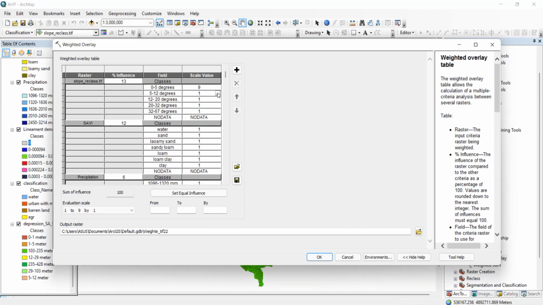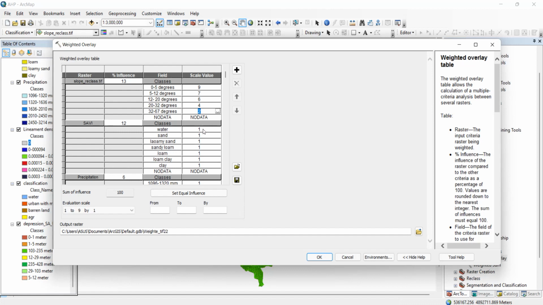Therefore I will assign 9. This one is 7. This one is 6. This one is 5. No, let's assign it 4. And this one is, well, almost 0. We can assign 2. Okay.